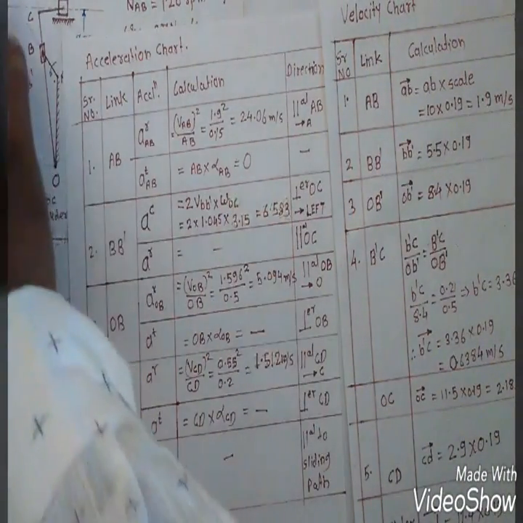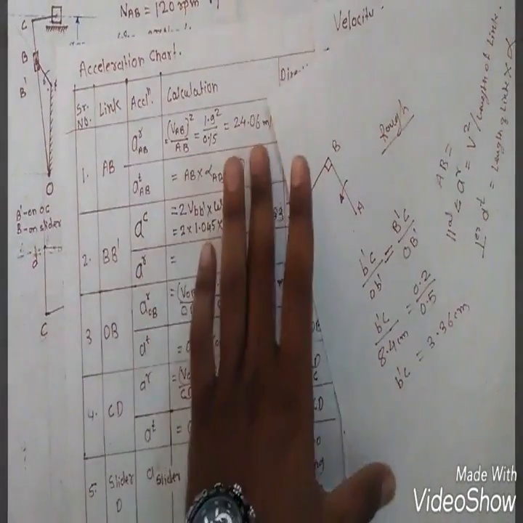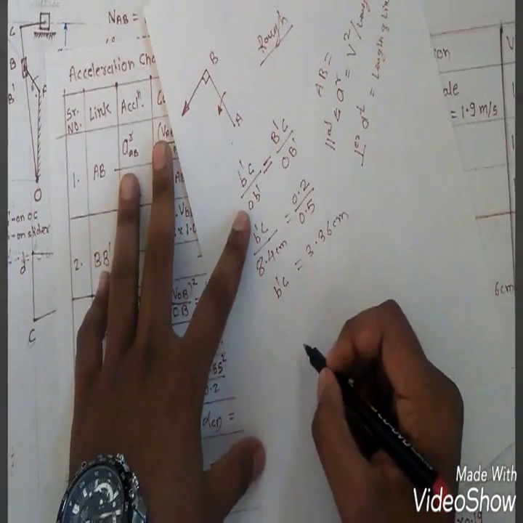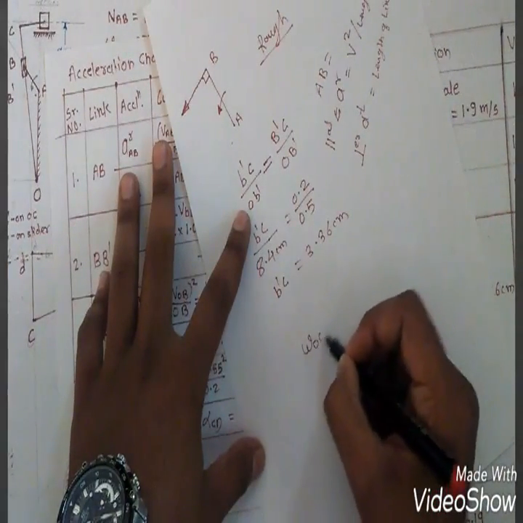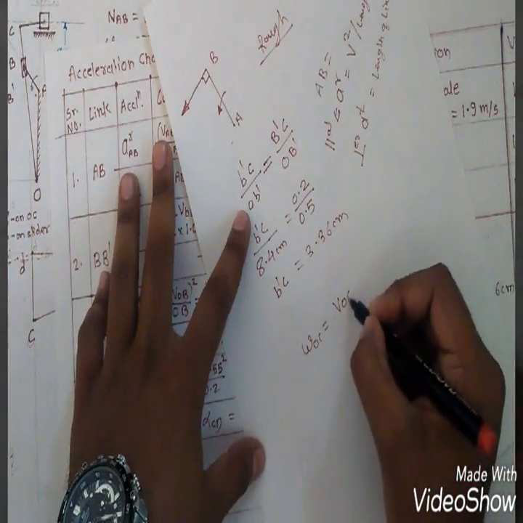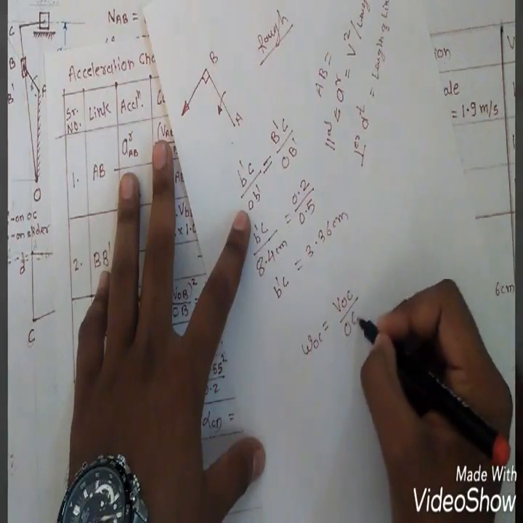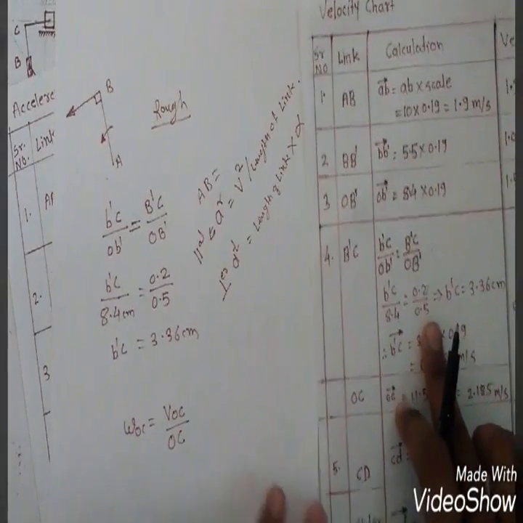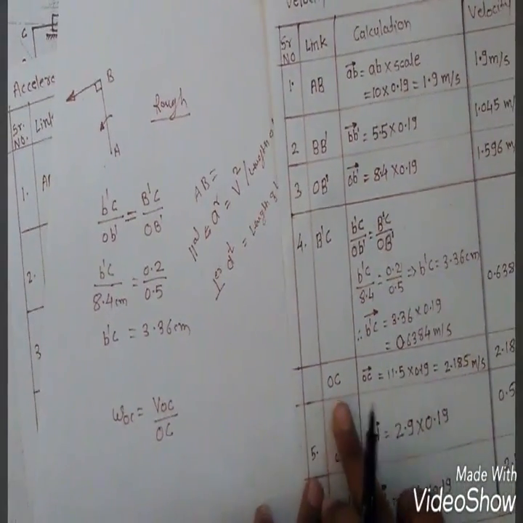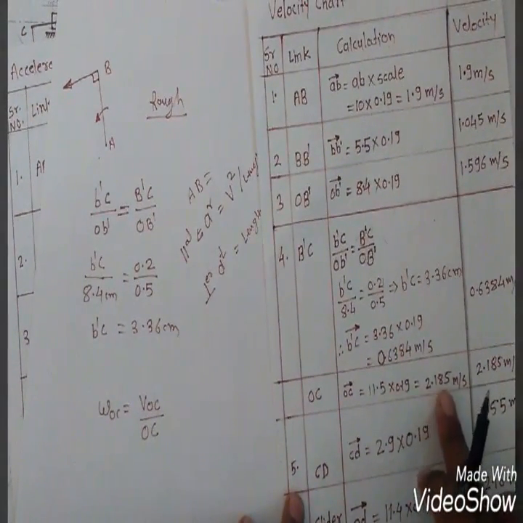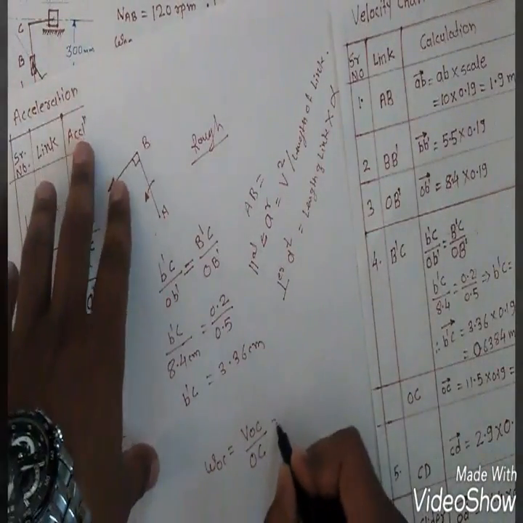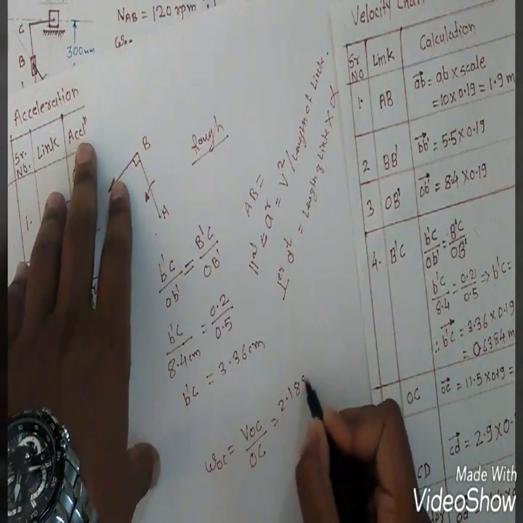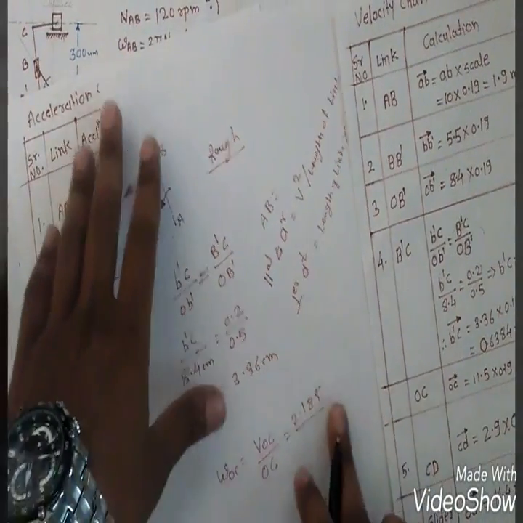Omega OC we can calculate with the same simple formula. Omega OC is equal to velocity of OC upon OC. Velocity OC can be taken from the velocity chart: 2.185 upon OC distance.